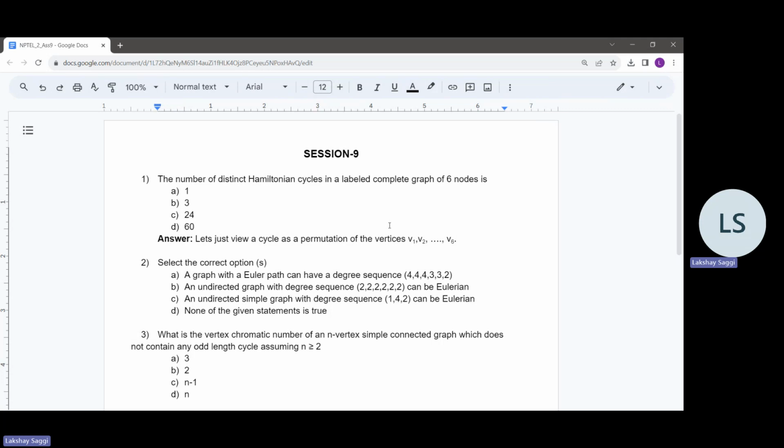Similarly, another set of permutations of these vertices will correspond to another Hamiltonian cycle, and so on.